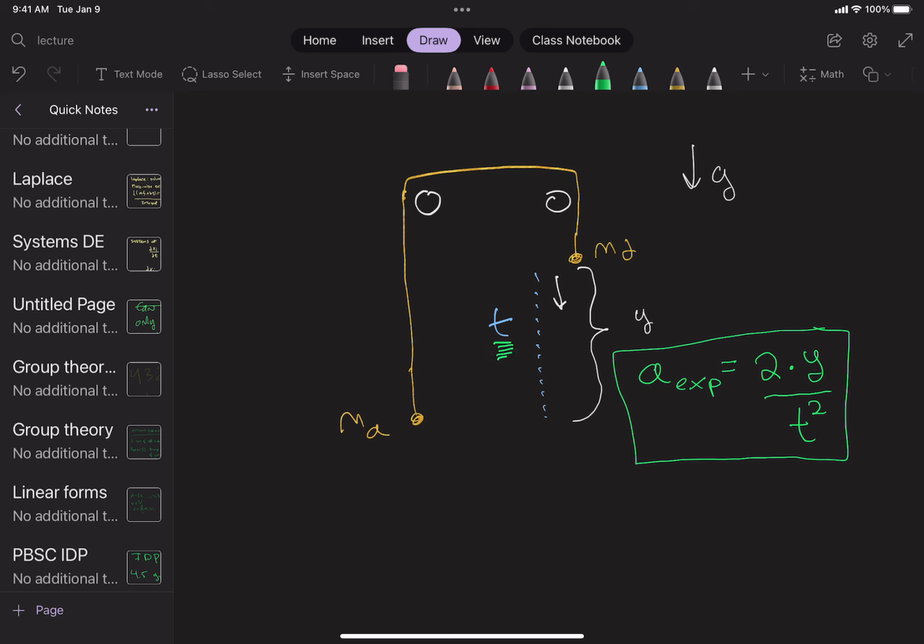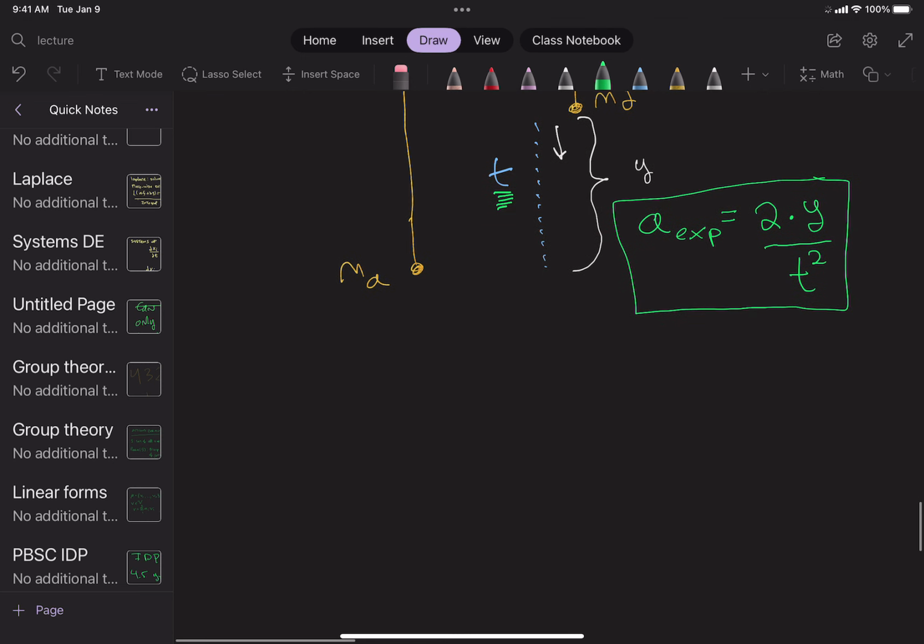So let's make a table here. In the experiment, the computer simulation is going to automatically generate the data for you. Once you run the experiment, you'll get a table with the time that the object moves, the distance that the object travels, and also the velocity.